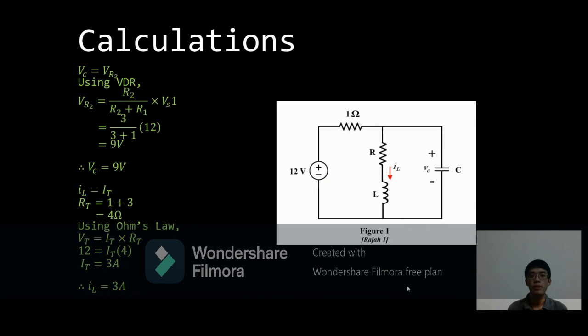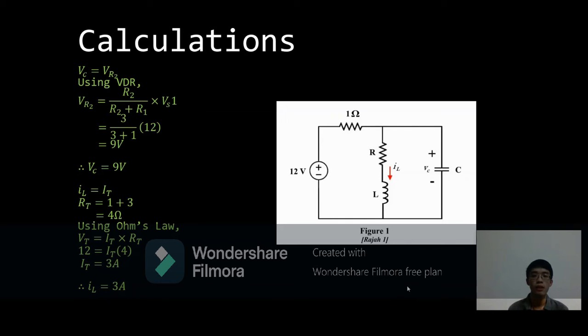Okay, here we have the calculations, and if you take a look at figure 1, under DC conditions, an inductor will behave like a wire when it has its magnetic field fully charged, and a capacitor will be like an open circuit.